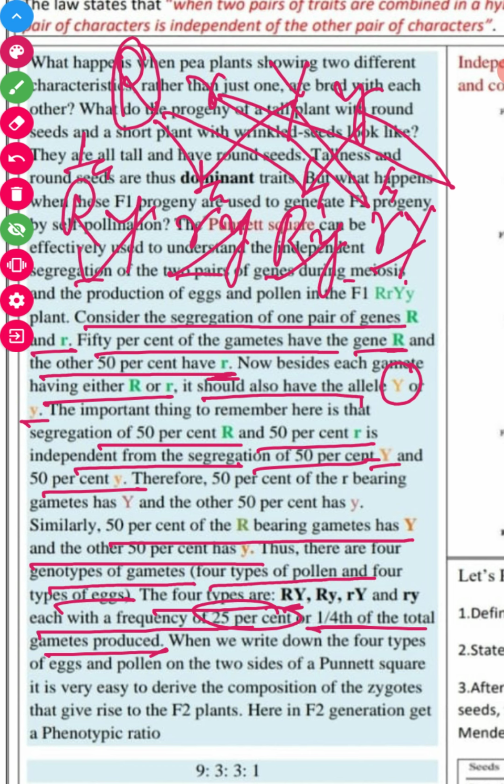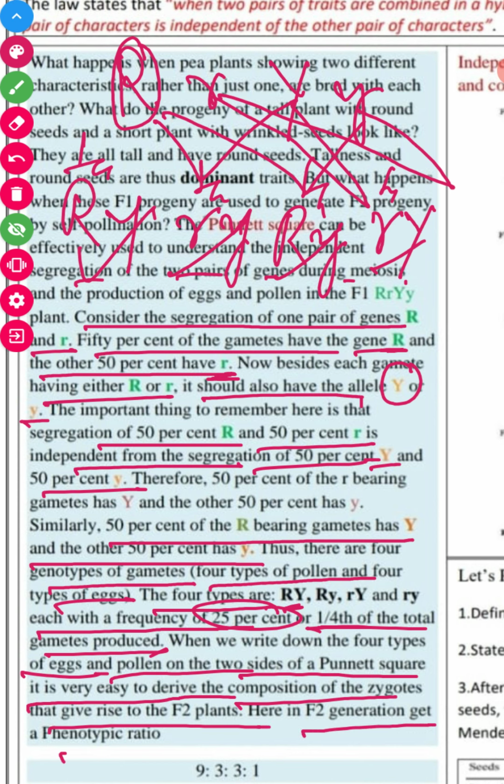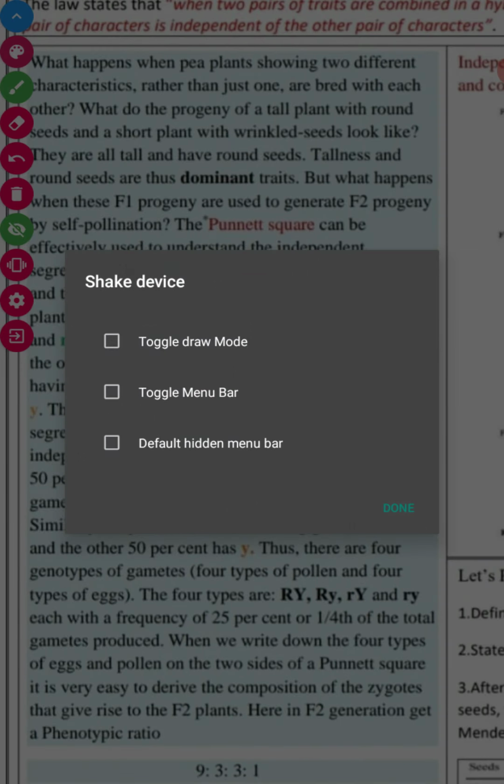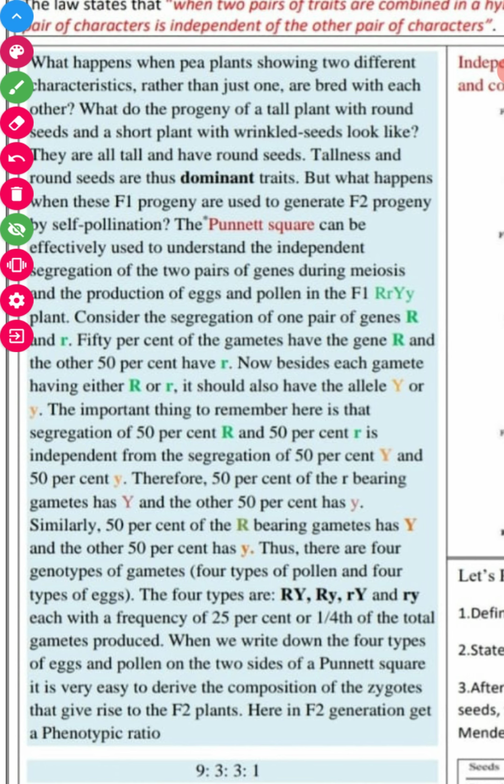When we write down the four types of eggs and pollen on the two sides of the Punnett square, it's very easy to derive the composition of the zygote in the F2 generation. The F2 generation gets the phenotype ratio 9:3:3:1. This is the phenotype ratio generally asked in exams, so must remember.